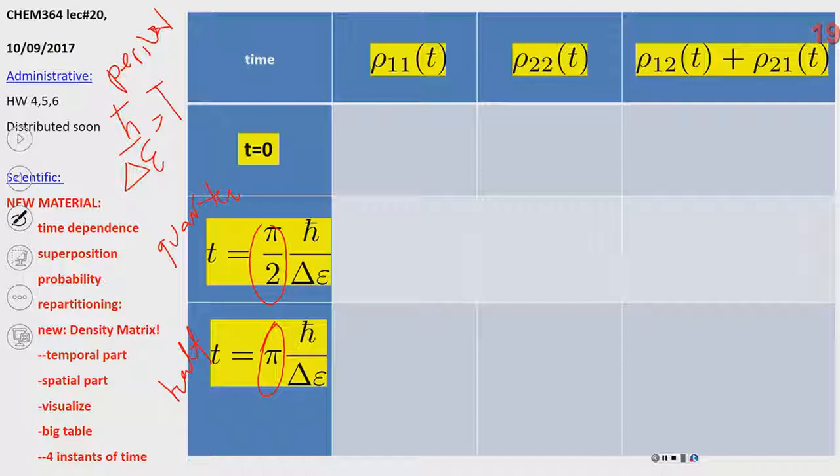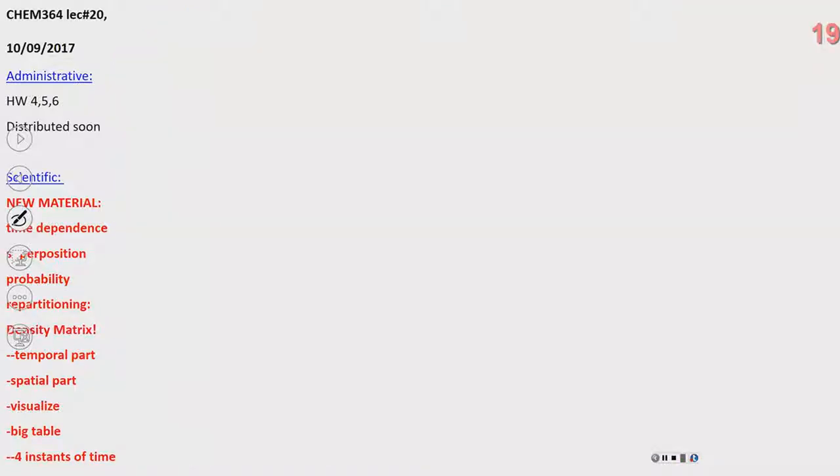Let's fill the table. Do not hesitate, I will help. Just one cell. We have total 9 cells. 1, 2, 3, 4, 5, 6, 7, 8. I will do 9. Well, let's look carefully, going backwards.